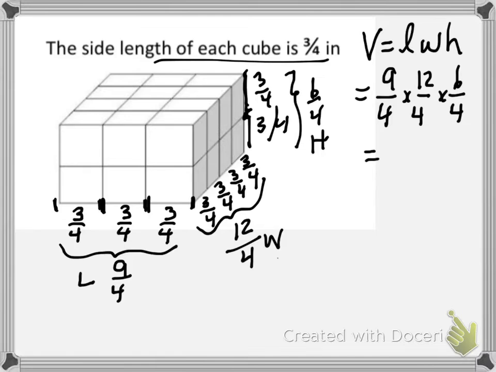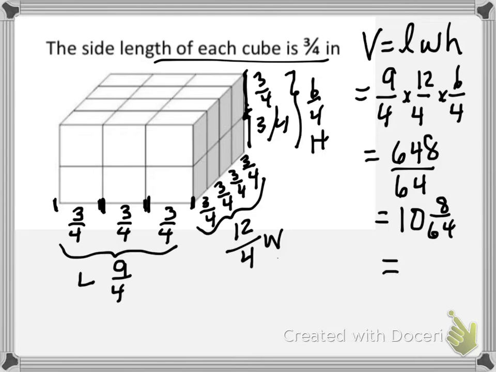So 9 times 12 times 6 in the numerator gives us 648, and 4 times 4 times 4 is 64. And I know 64 goes into 648 10 times. We'd have 8 remainder, so 8 over 64, and that reduces to 10 and 1/8 inches cubed for our volume.